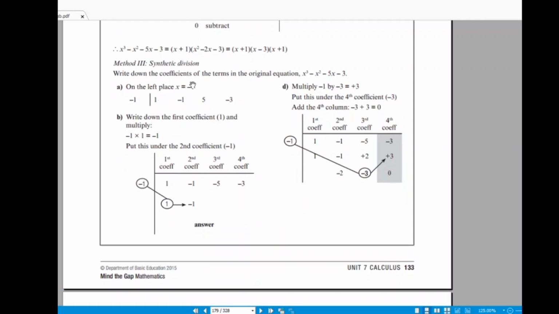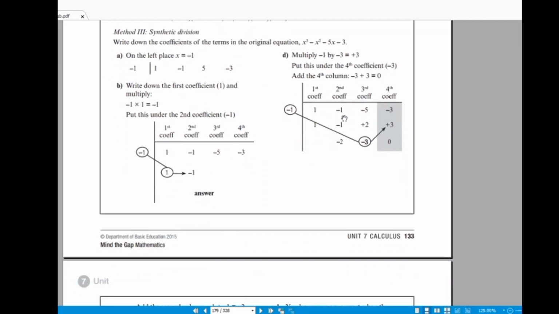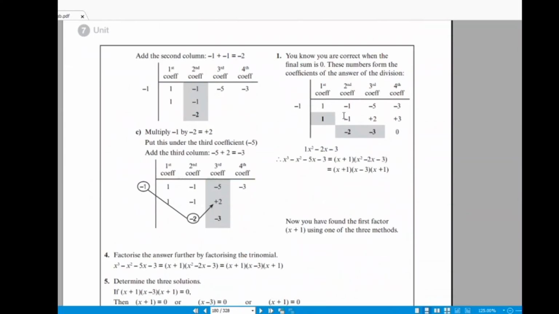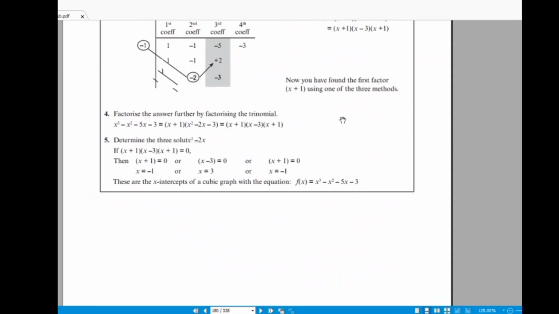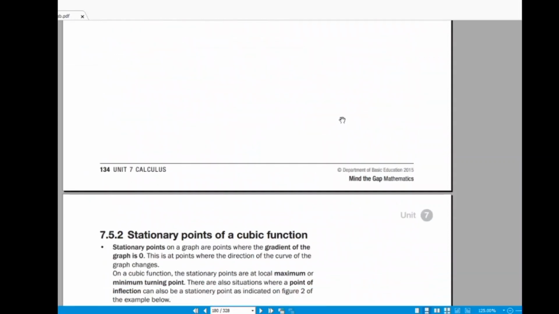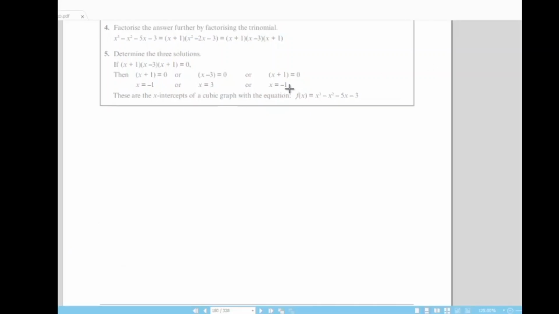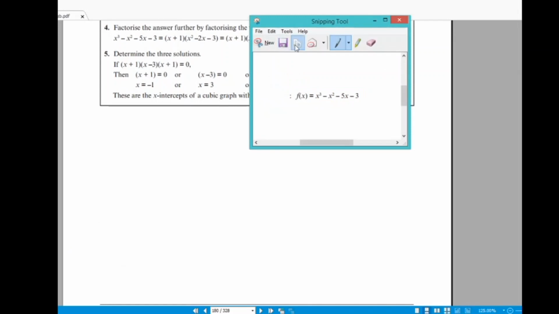Let's say ukuthi sengikhohle ukuthi isebenza njani, but then you can use any method oyipreferako, right? So maybe let us do this one as an example. F of x is equals to okay, let us do this as an example.